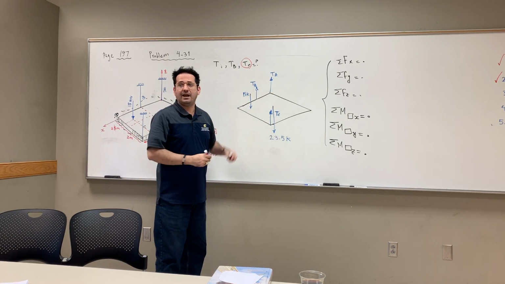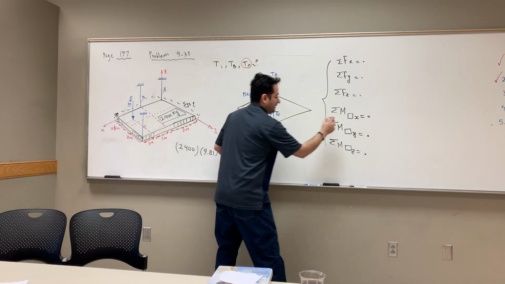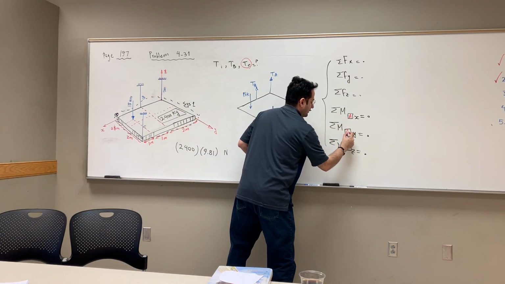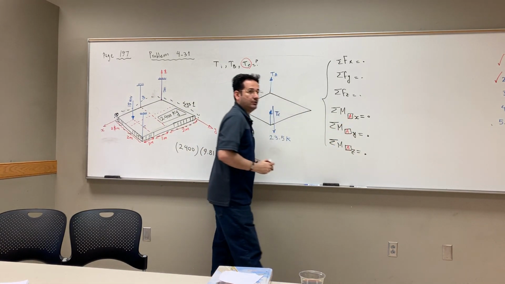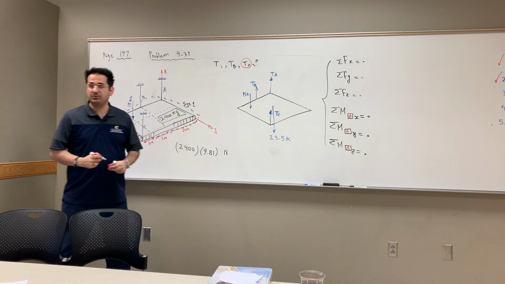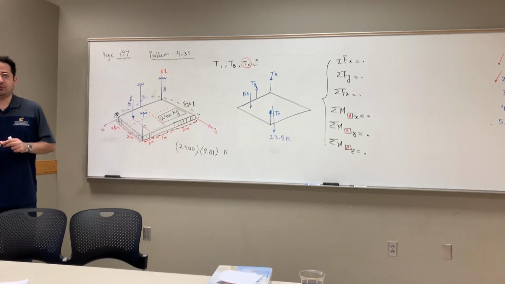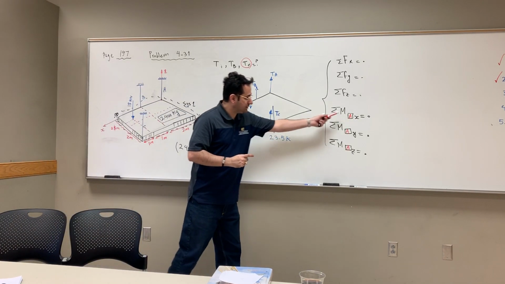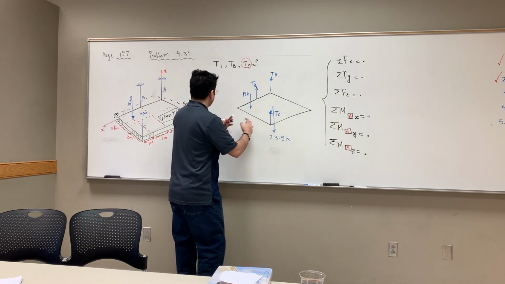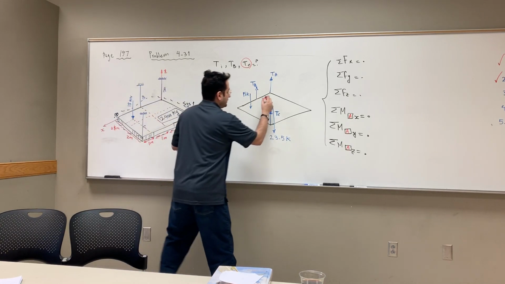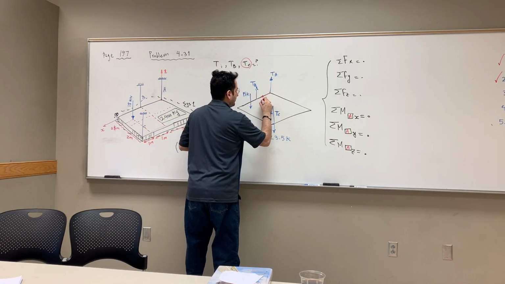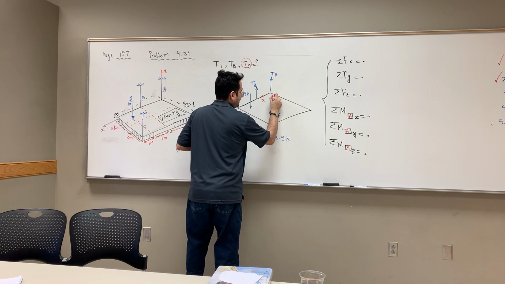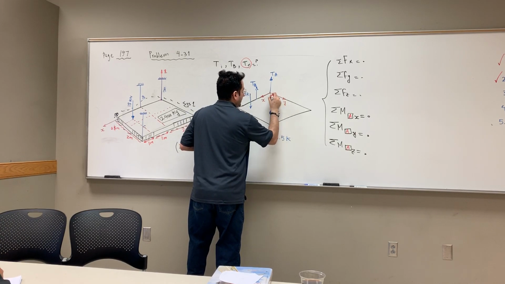So let's say A. This is my reference point. Now, which one of those? I have 3 moment equations. Every time you choose a point, you transfer your axis to that position, so that's going to be your x, y, and z.